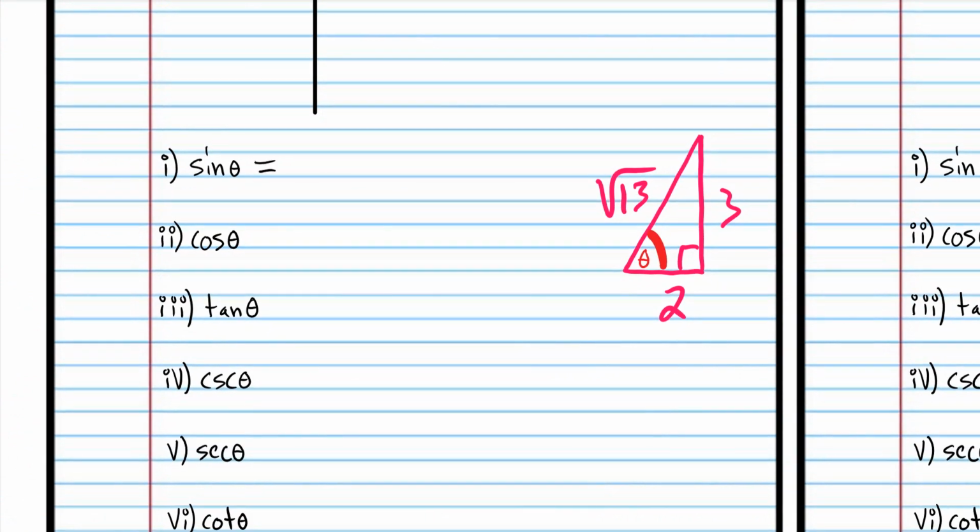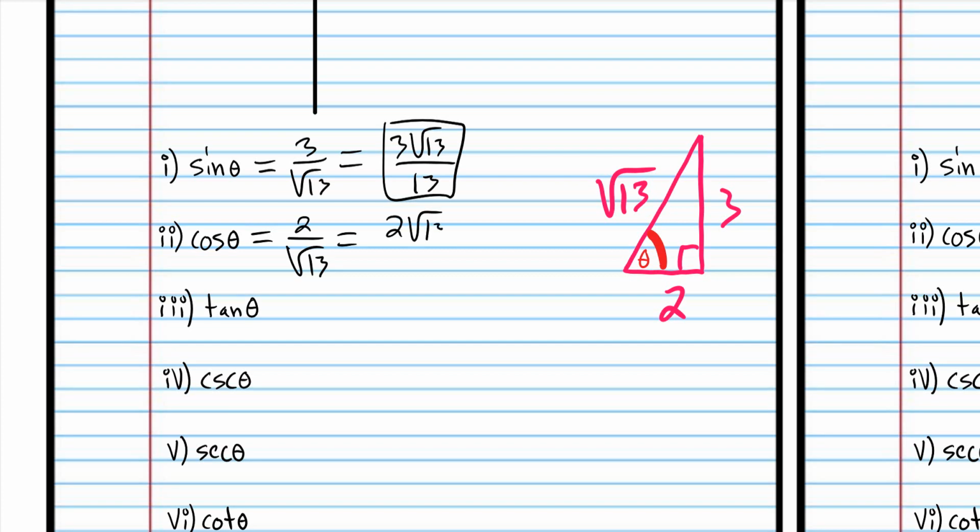Sine theta is the opposite side divided by the hypotenuse. Cosine theta is the adjacent side divided by the hypotenuse. Tangent theta is the opposite side of the red reference angle divided by the adjacent side of the red reference angle.